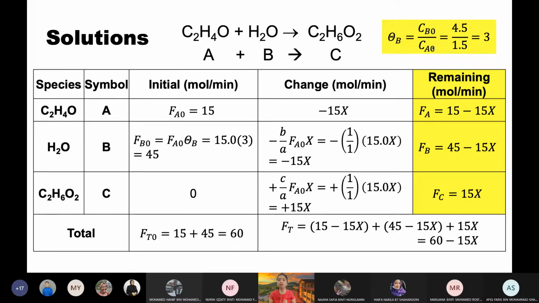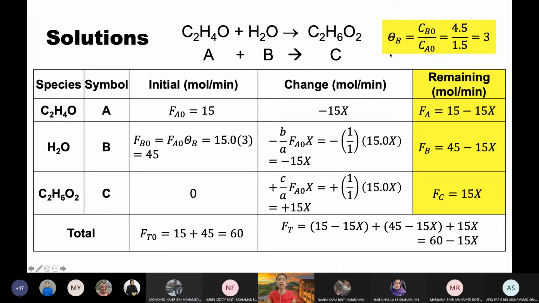We are told that CA naught is 1.5, CB naught is 4.5. So we use these concentration values to find theta B. Regardless of whether it is given as concentration or fraction, the value of theta B will still be the same. The ratio is still the same. So you get theta B in this example, CB naught 4.5 divided by CA naught 1.5.